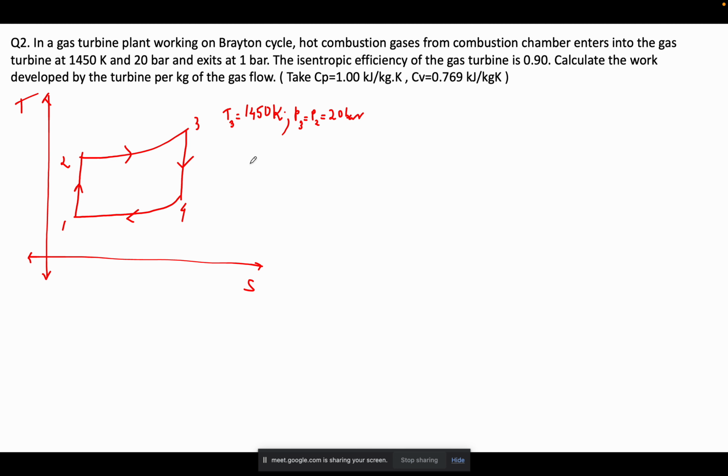It exits at 1 bar, so P4, which is also equal to P1, is 1 bar.